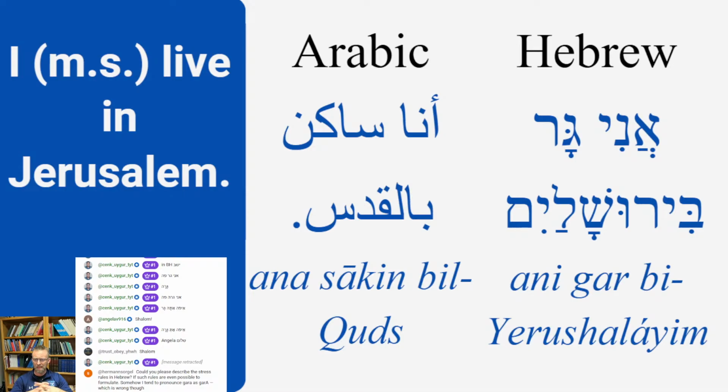Okay. Yes, so we've got a comment here. Thank you so much. So, Herman, excellent question. In the grammars, yes, you will find that participles... So what we're looking at here with this word, the word gar in Hebrew, is technically a hollow verb.